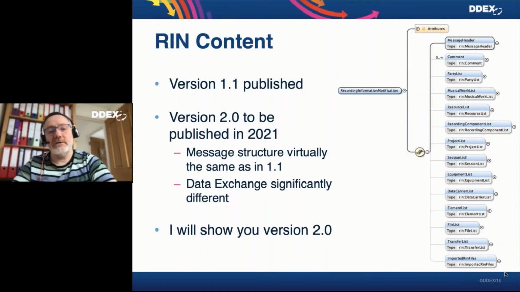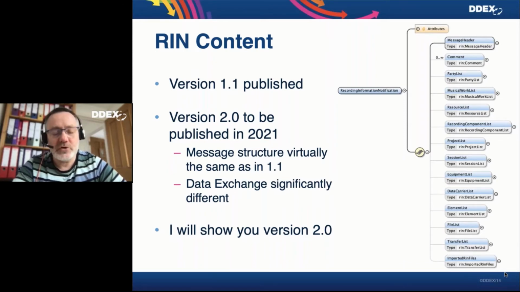Now, what's in RIN? Let me give you a whistle-stop tour, and it will be comparatively short and sweet, even though the message is actually quite large and rich. Mark has already said we have a version out there which has been implemented, not widely, but we do have some real-world implementation experiences.